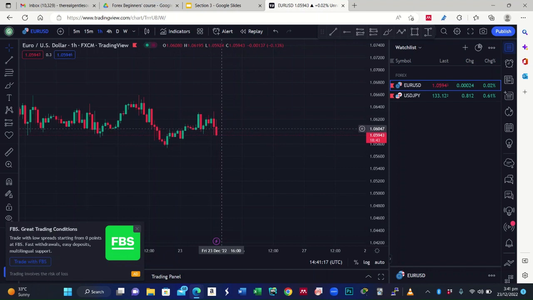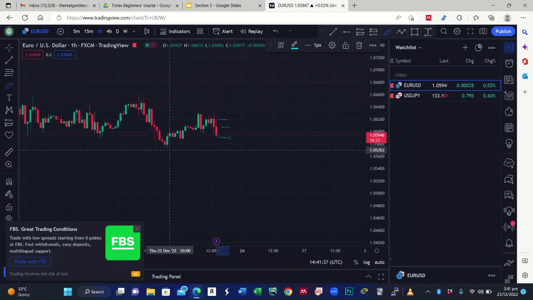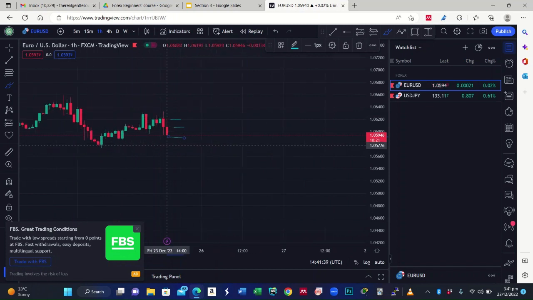It means it opened at this place. Let me mark it so you can see. This is where it opened, and this is the highest place it got to, and it is currently here. It has not closed.